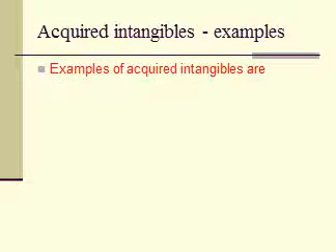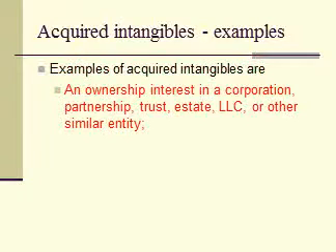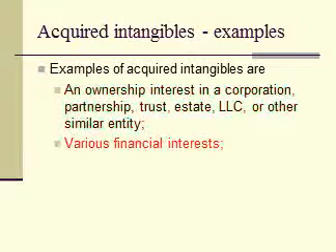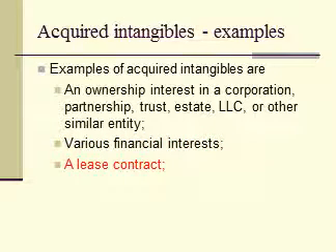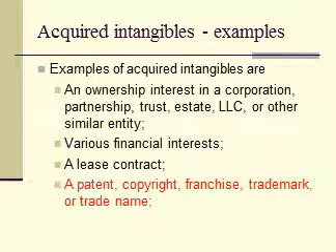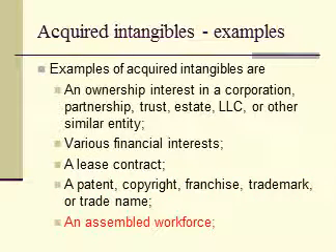The following are examples of acquired intangibles. An ownership interest in a corporation, partnership, trust, estate, LLC, or other similar entity. Various financial interests. A lease contract. A patent, copyright, franchise, trademark or trade name. An assembled workforce.